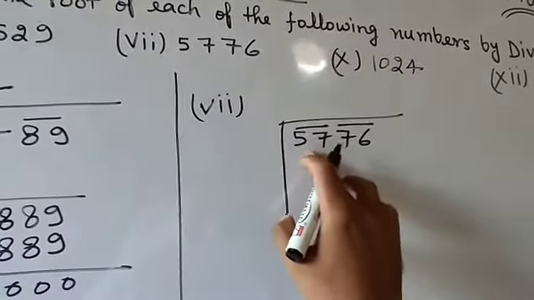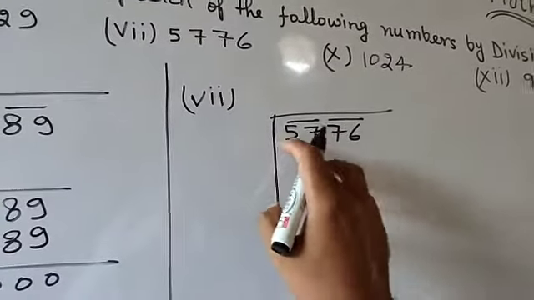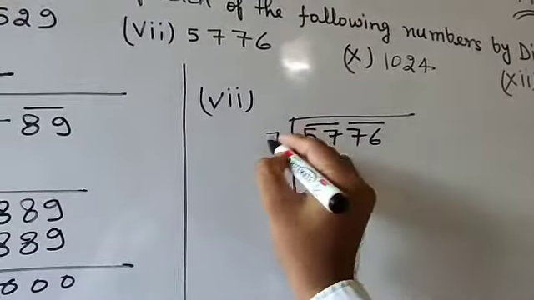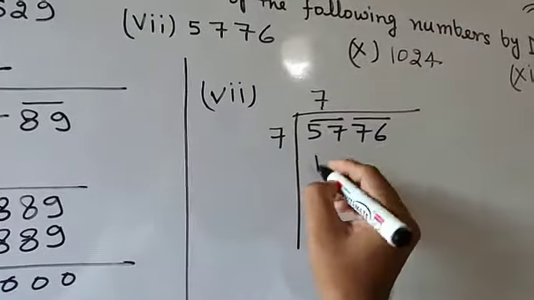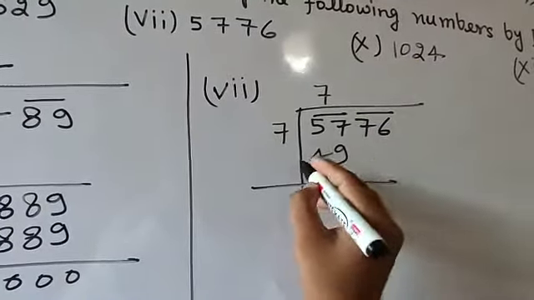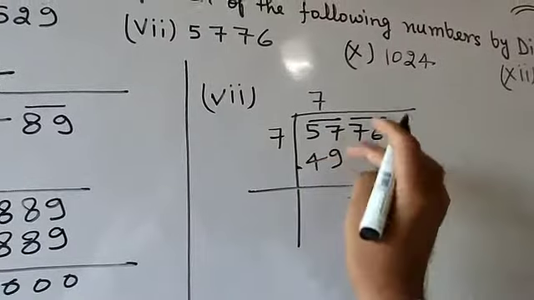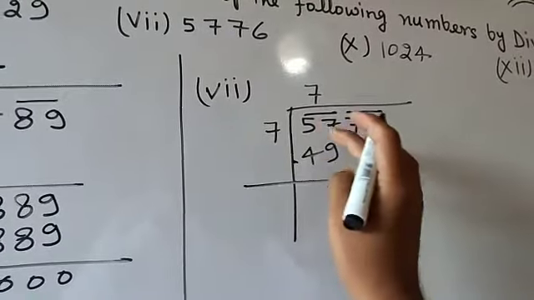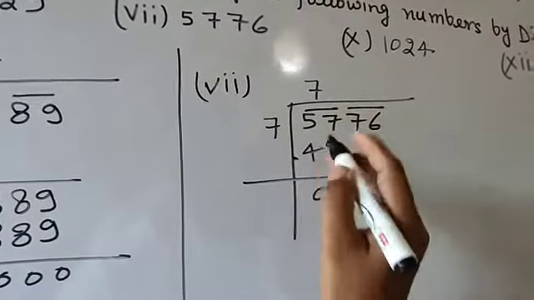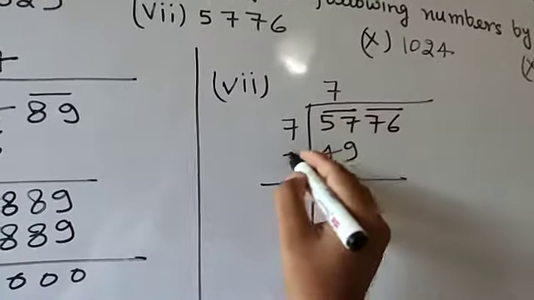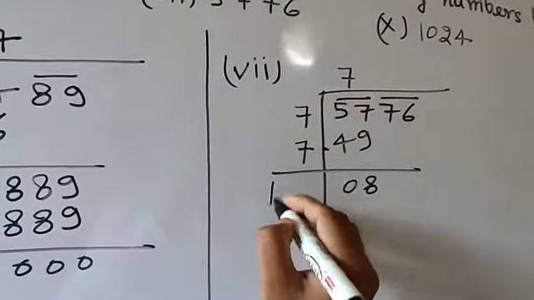So 7 7s are 49, 8 8s are 64. 64 is greater. So 7 into 7, 7 7s are 49. You will subtract it. So 17 minus 9 is 8, and here it is 0. Now whatever number you had kept here will be added here, 7 plus 7 is 14.